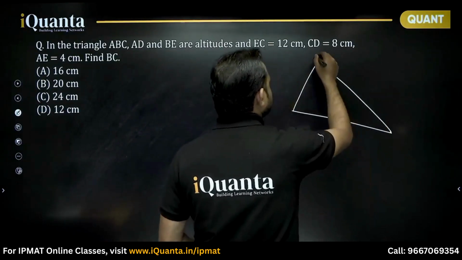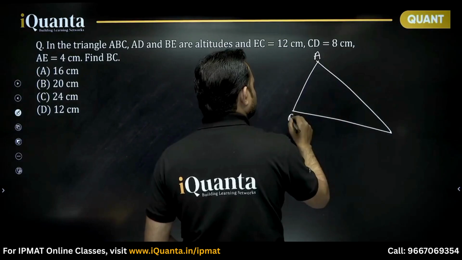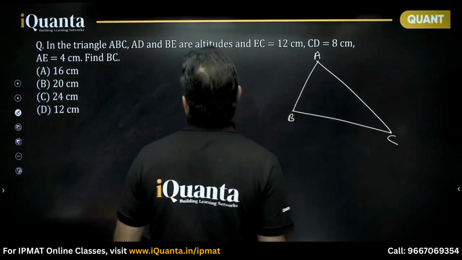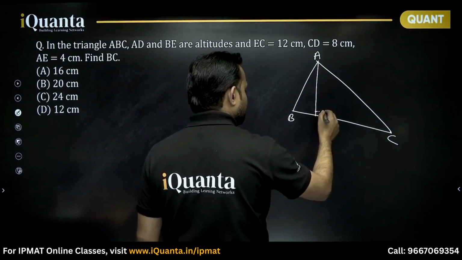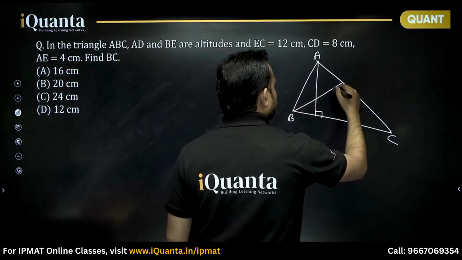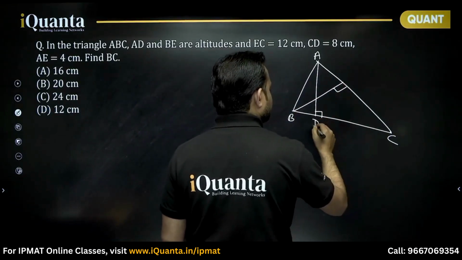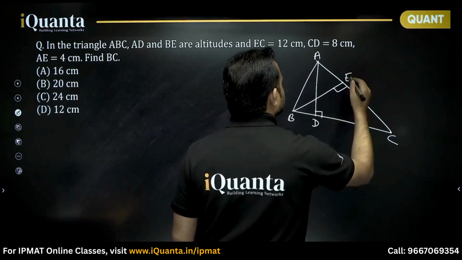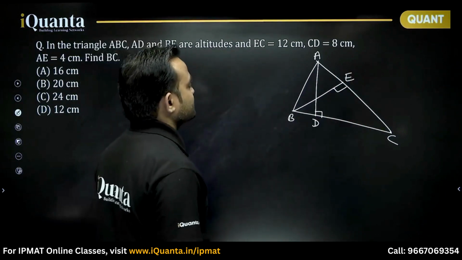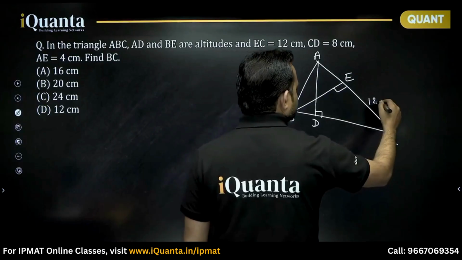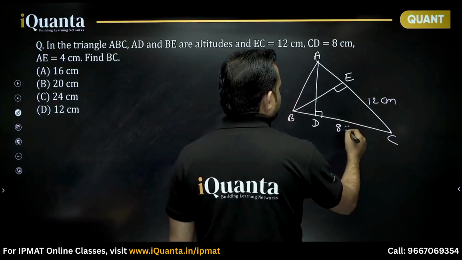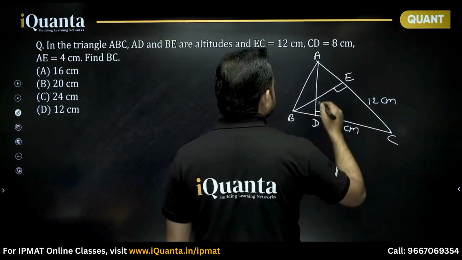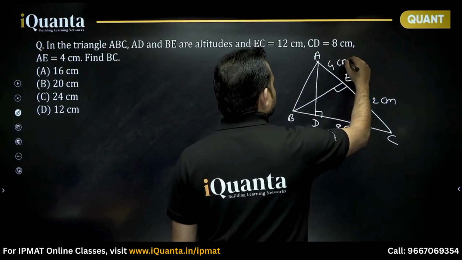So in triangle ABC, AD and BE are altitudes. This is D, this is E. EC is given, which is 12 centimeter. CD is given, which is 8 centimeter. And AE is given, which is 4 centimeter.